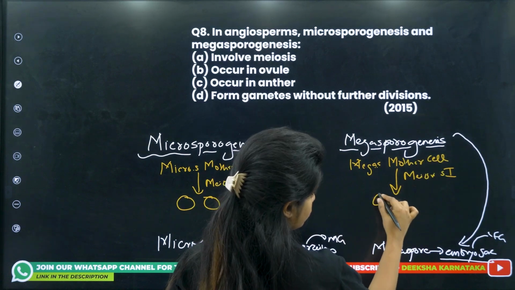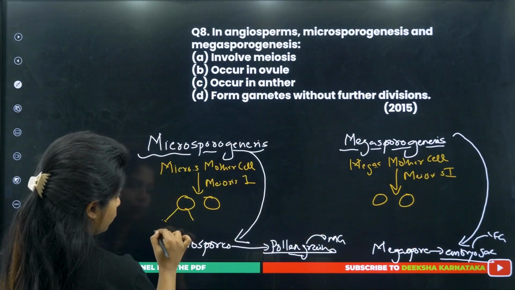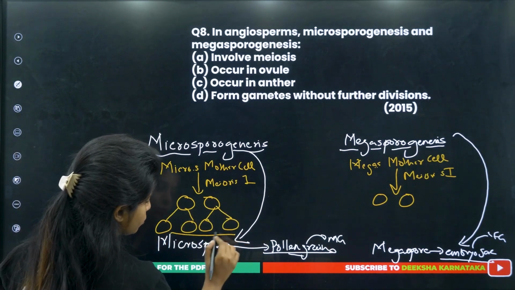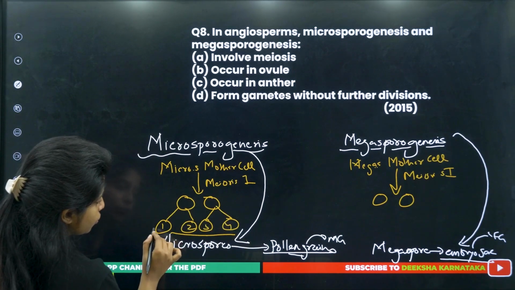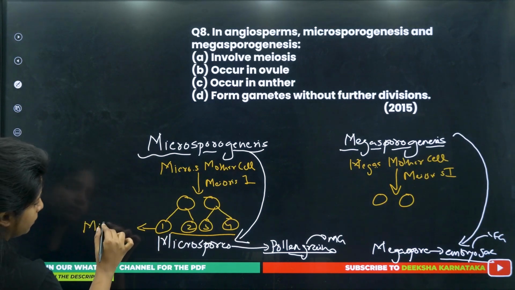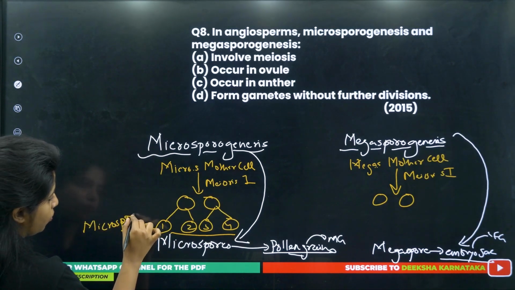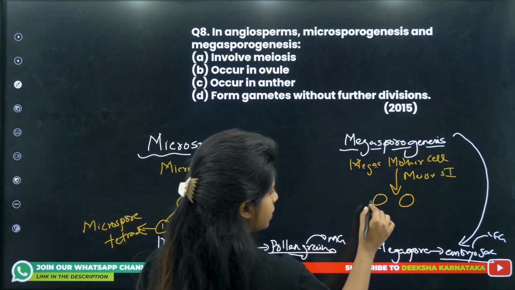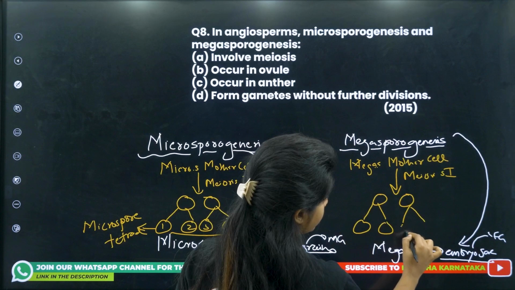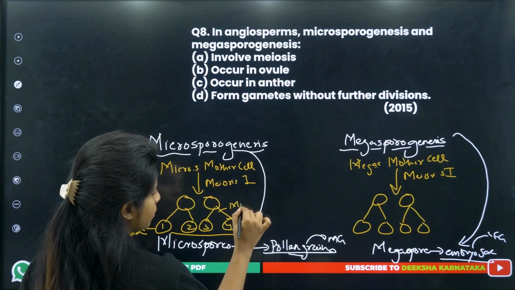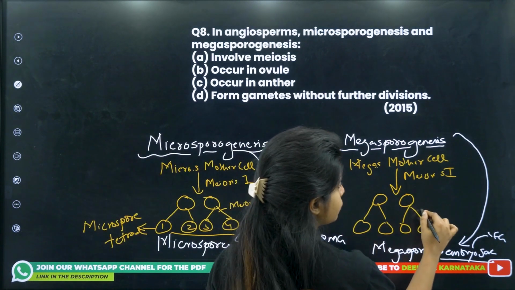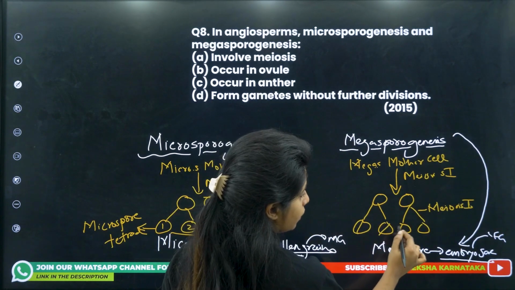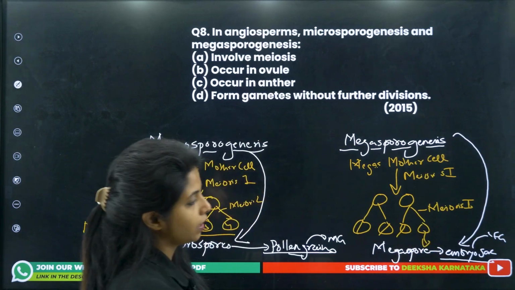Meiosis has 2 rounds, so these 2 cells divide into 2 more cells each. All of them you call microspores. Together you have 1, 2, 3, 4, so you call it a microspore tetrad. On the other hand, over here this cell will divide into 2 with the help of meiosis 2. Here also meiosis 2. At the end you get 4 cells, 3 of them degenerate, and 1 becomes the functional megaspore.